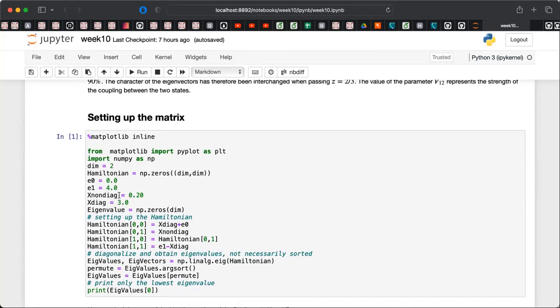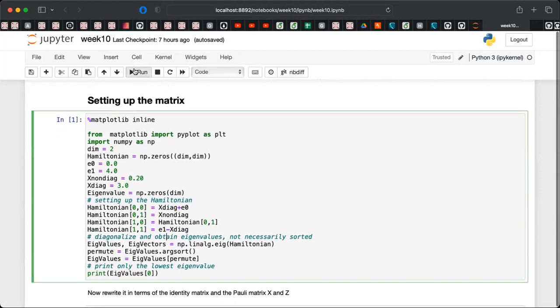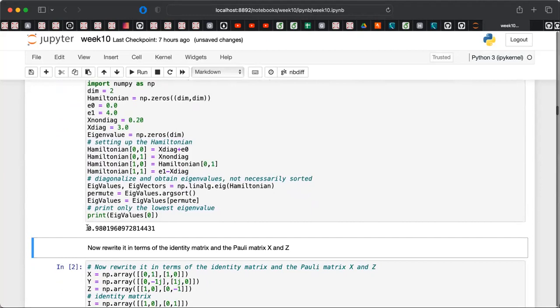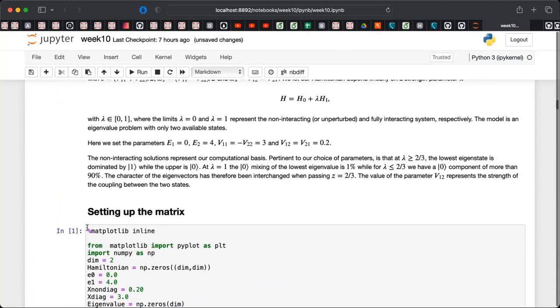parameters. I have the non-diagonal element, which is 0.2, and the diagonal, which is 3. I'm setting it up here. I calculate the eigenvalues, and I write out the lowest lying eigenvalue. So this is the value which I'm targeting and which we want. The next thing I do is simply to rewrite everything in terms of the Pauli X and the Pauli Z matrices.